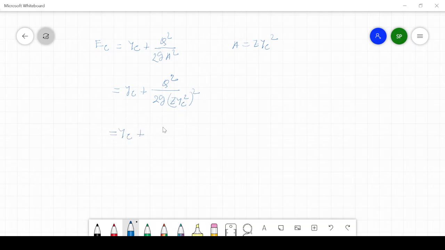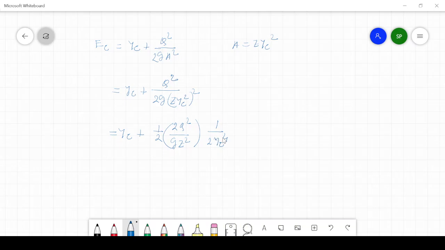YC plus, if I am taking common half here, 2Q square by g z square into 1 by 2 yc to the power 4.